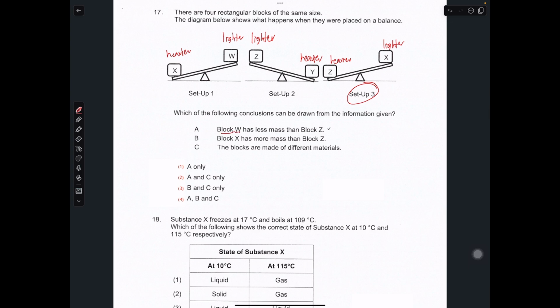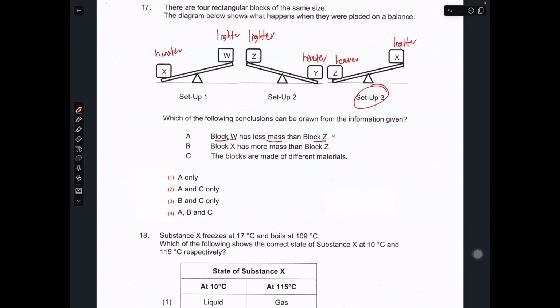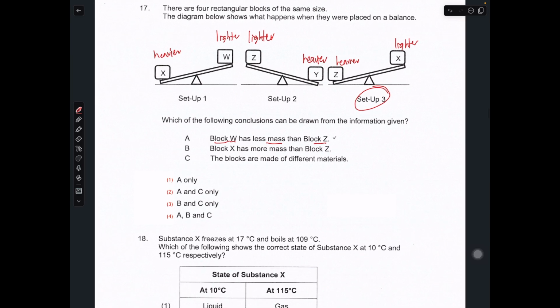The block W has less mass than block Z. W and Z are not being placed together, so we have to make a conclusion between setups 1 and 3.